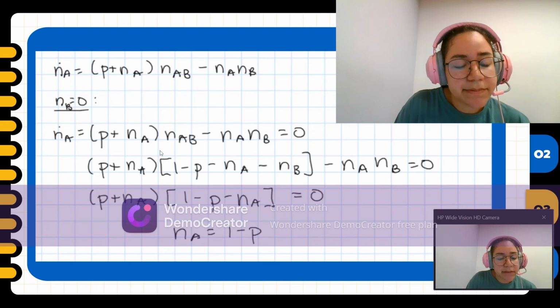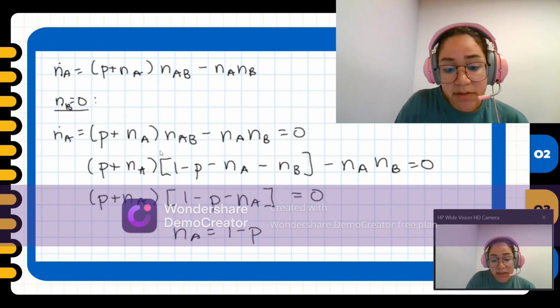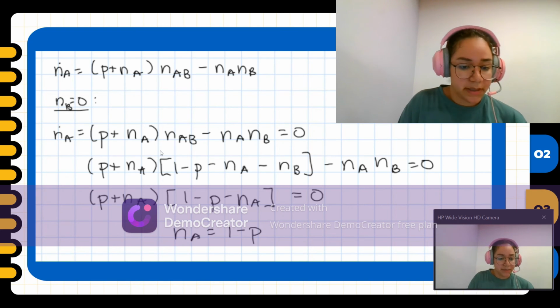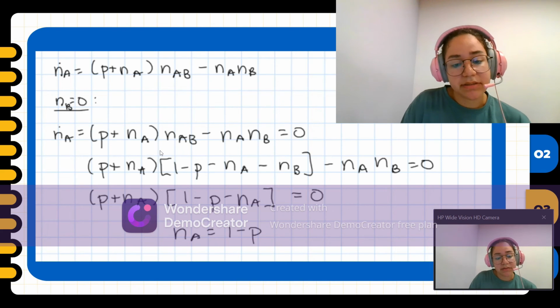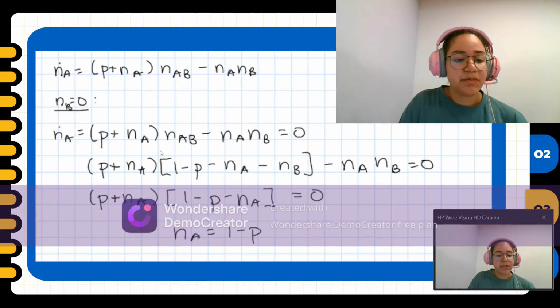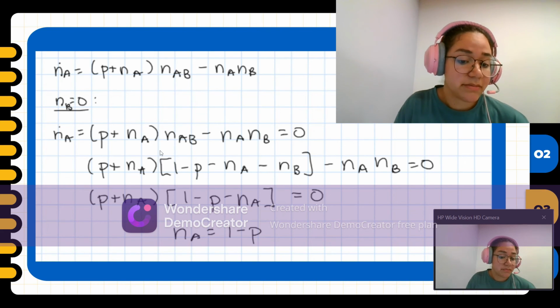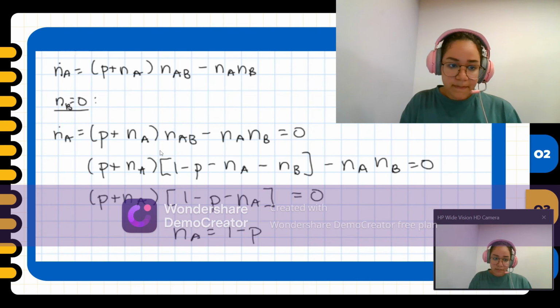After plugging in for NAB and plugging in that NB is equal to 0, you get NA is equal to 1 minus P. The alternative, P plus A equal to 0, wouldn't work because NA, which represents the population of A, should not be a negative number. That's why we have NA equal to 1 minus P.